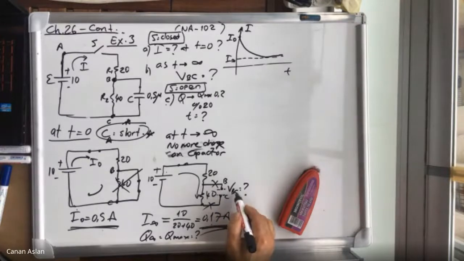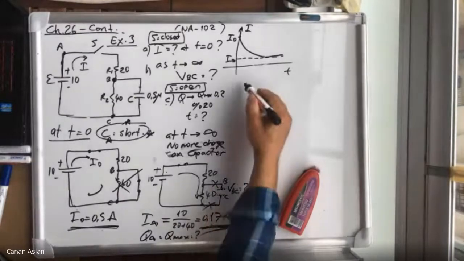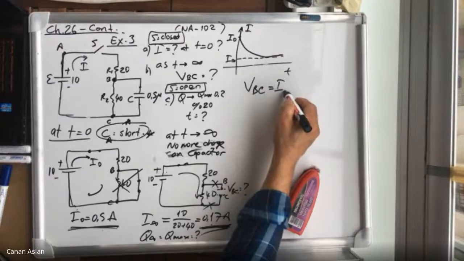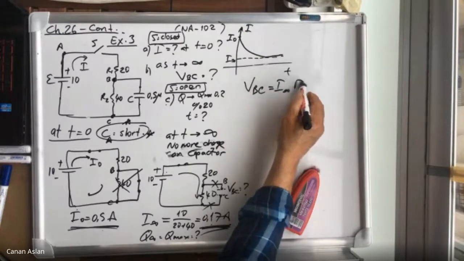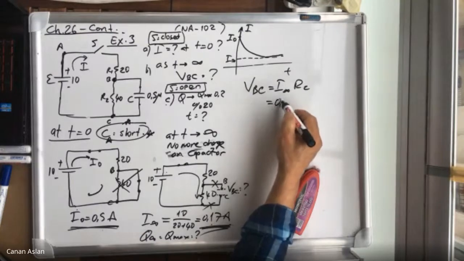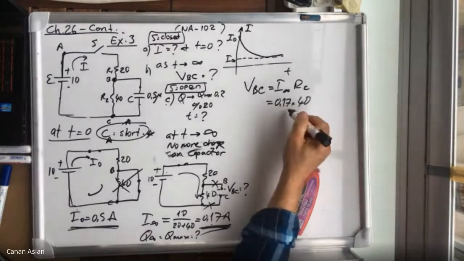So this capacitor voltage VBC is just the voltage between these 2 points, which is the voltage across the 40 ohm resistor. So VBC is given as I infinity times R2. The current is known, 0.17 times R2, which is 40 ohms. Everything is in base units, we don't have milli or micro.